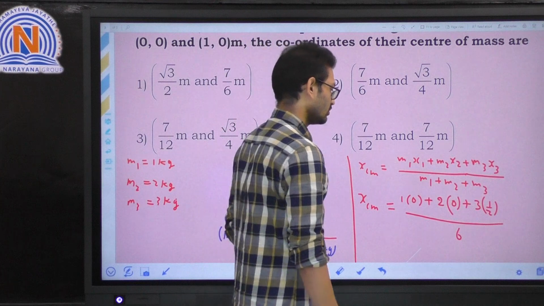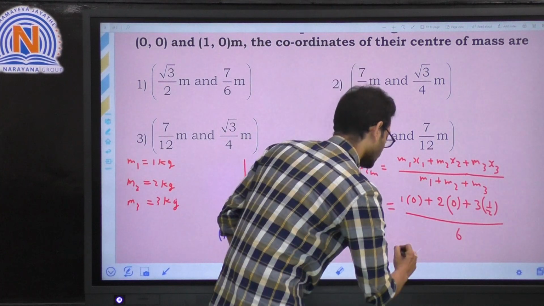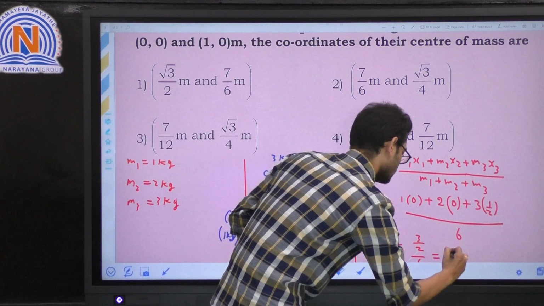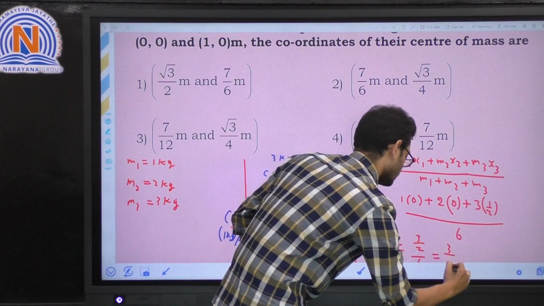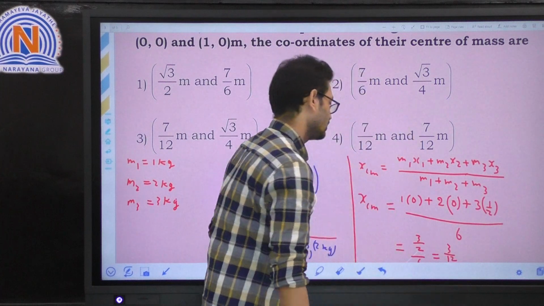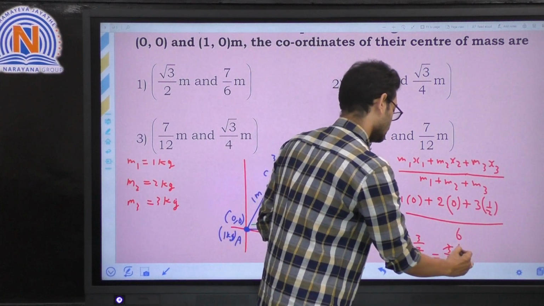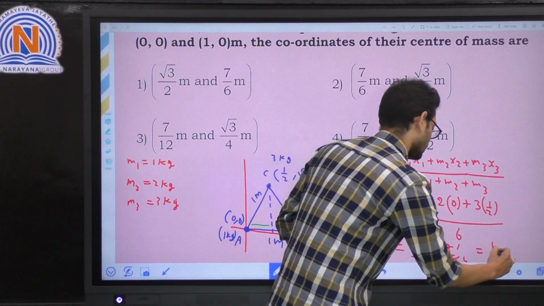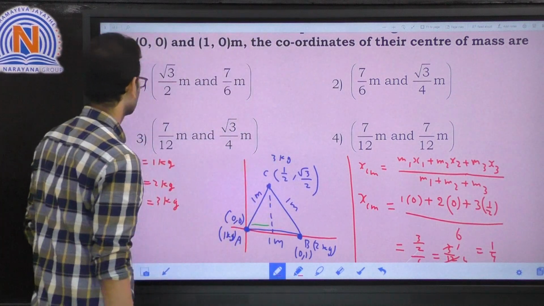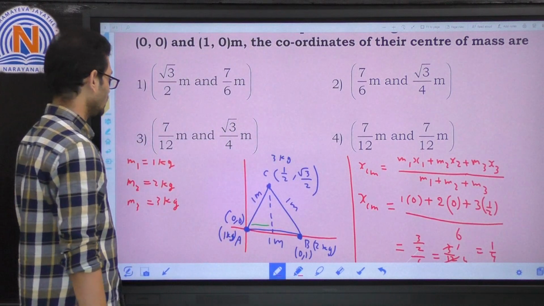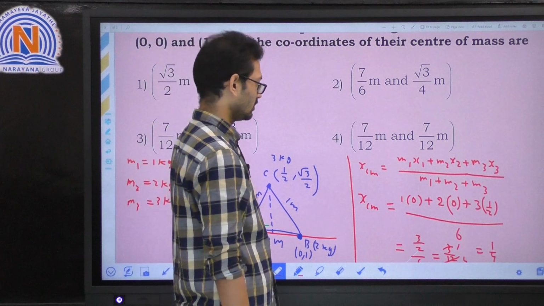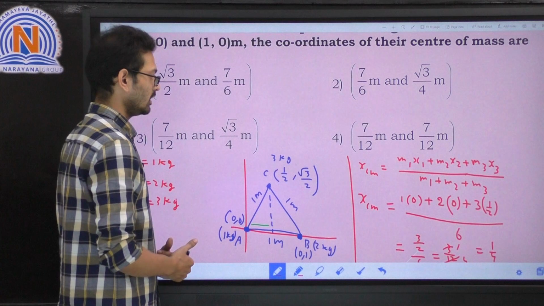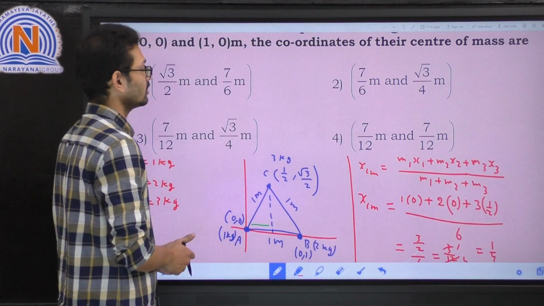So how much you will be getting? You will be getting overall 3/2 by 6, 3/12, which means 1/4. Right, X center of mass is 1/4, and y center of mass we have to find out.